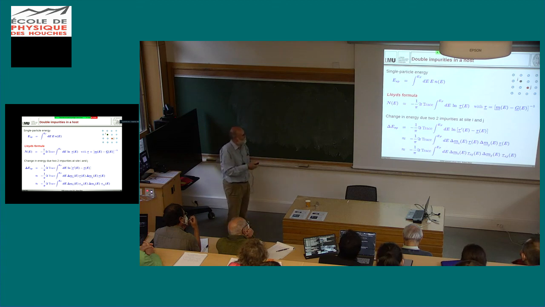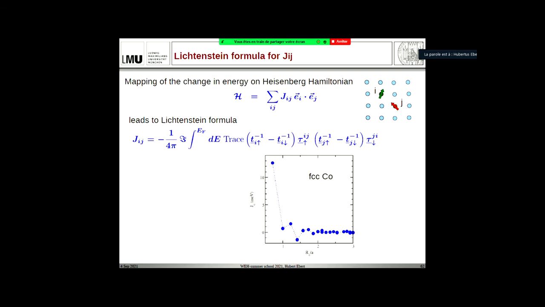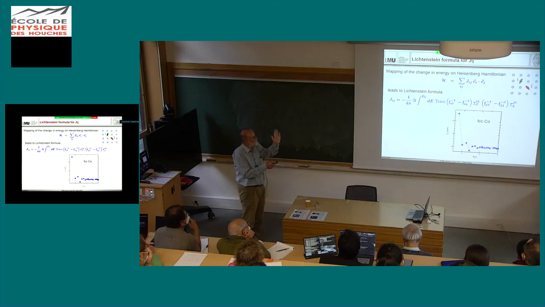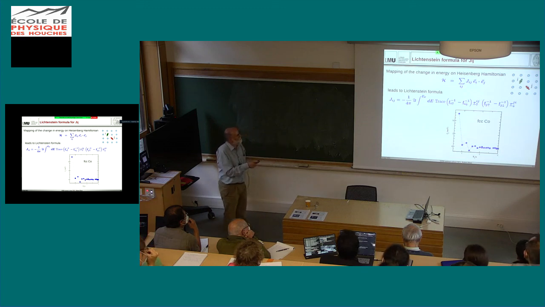And this can be applied at least to small perturbations, because otherwise we would have to go for the total energy. But restricting to the single particle energy, this is justified if, for example, we consider the tilting of two moments against each other. And this is exactly then what is, so to say, handled in a classical Heisenberg Hamiltonian.